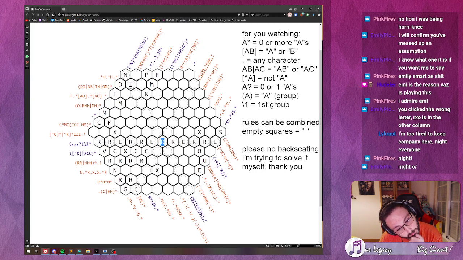Because of this one here, I can't have an R here. That can be an R here. Ouch. So I know it's an H. Oh no, it can be an R here. It can be, because it could be one of these last ones.